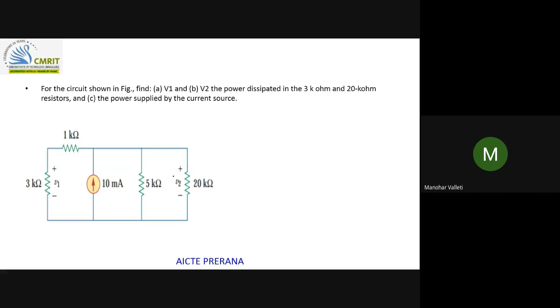So you can solve this by yourself and move to the next problem. Same way as you solved the previous one. So all this is at one node only, right? All this is at one node. So assume this as a voltage V and apply accordingly. So write the equations and solve. Can you ping me the answer?